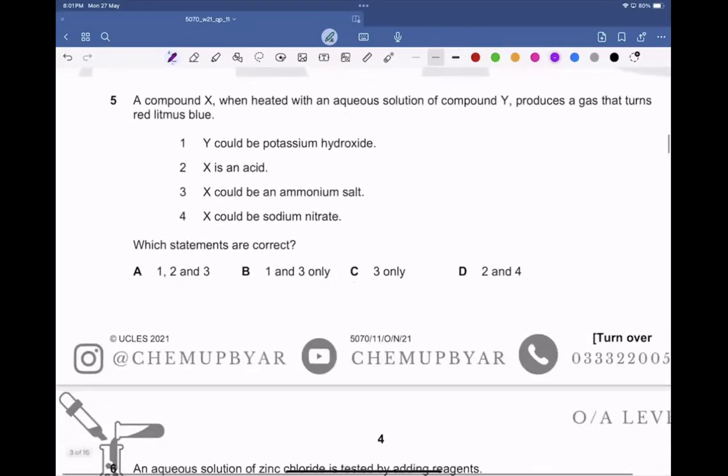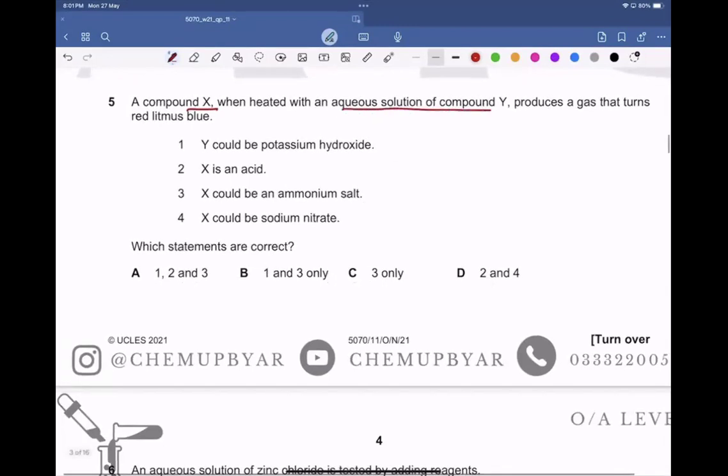Now, question number 5. A compound X when heated with an aqueous solution of Y produces a gas that turns red litmus blue. So the gas is basic, and most probably the gas is ammonia, because ammonia is the only gas which turns red litmus blue.